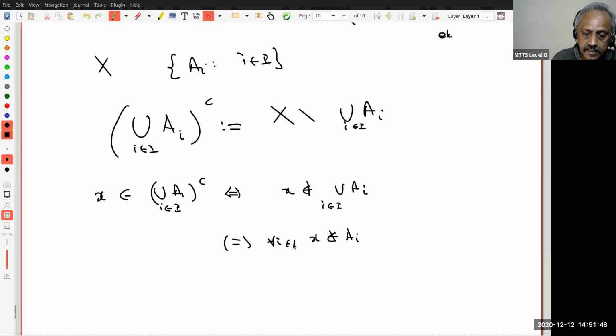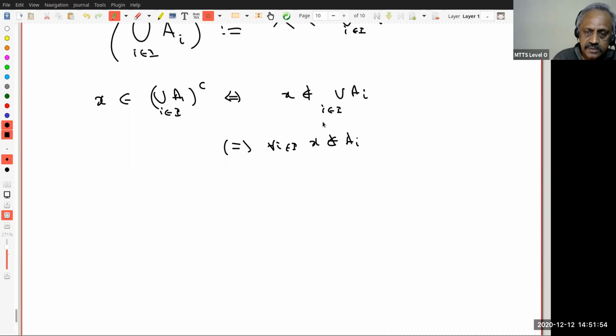Do you accept it? Because if for some j, x is in A_j, then it will be in the union. Therefore, x is not in the union if and only if x is not in any one of the A's, right? Maybe it will be easier for you to think of it that way. x is not in the union means x is not in any of the A's. Even if it is in one single A, it will be in the union. You follow that?